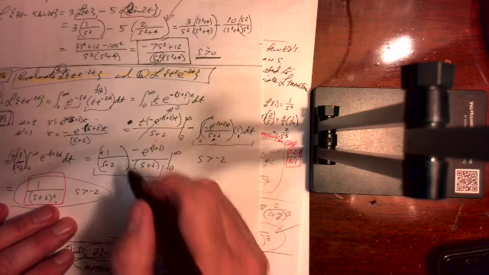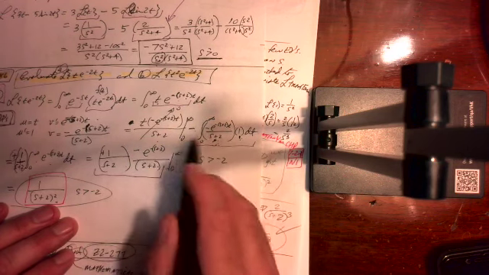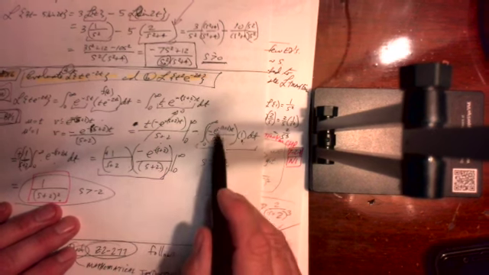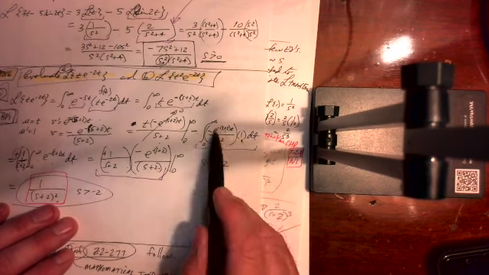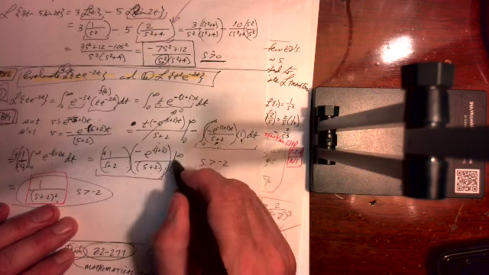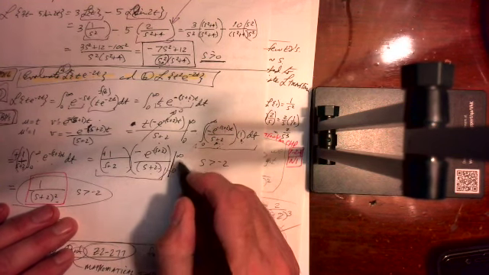Then you have multiplied by the integration of what's left here, which is this with the compensation factor, with the limit of 0 to infinity.